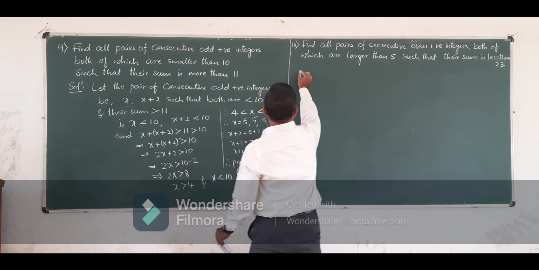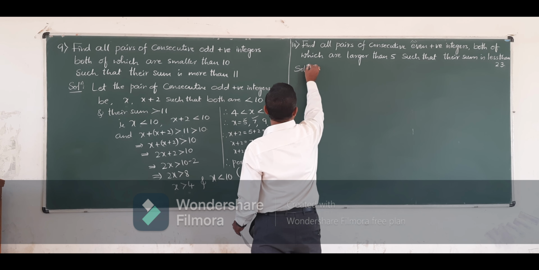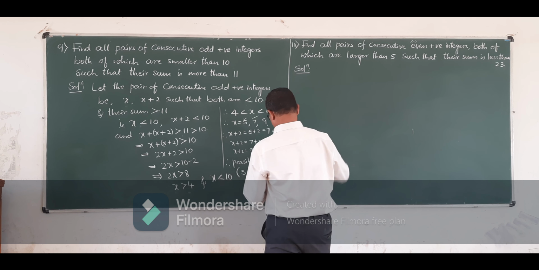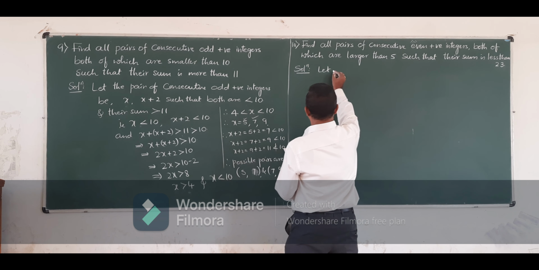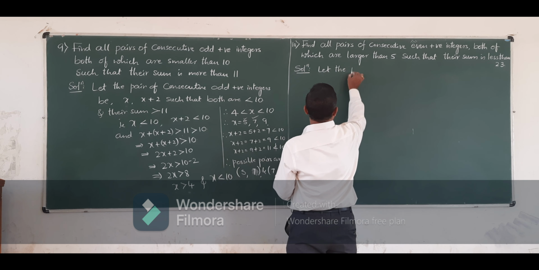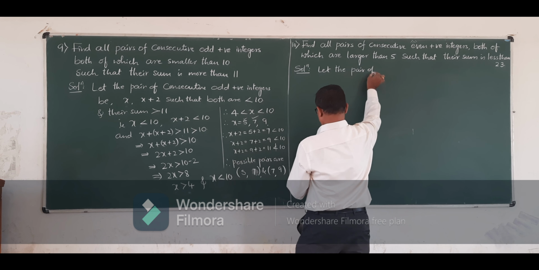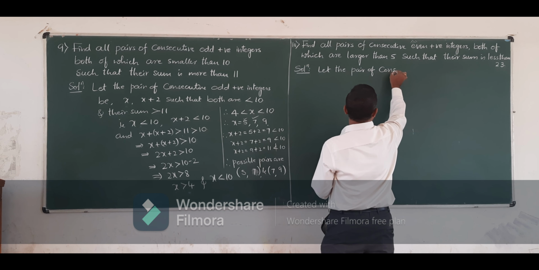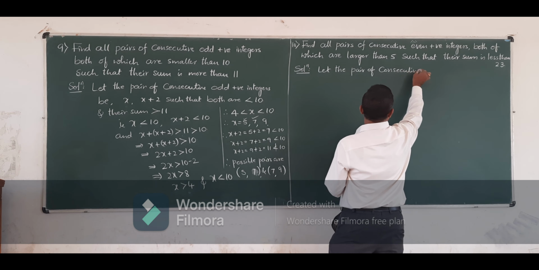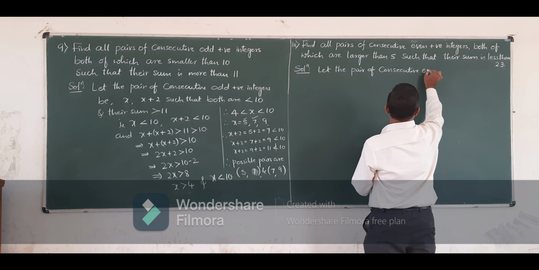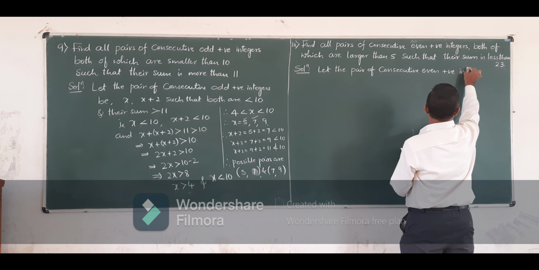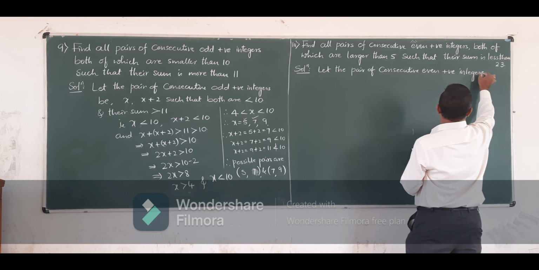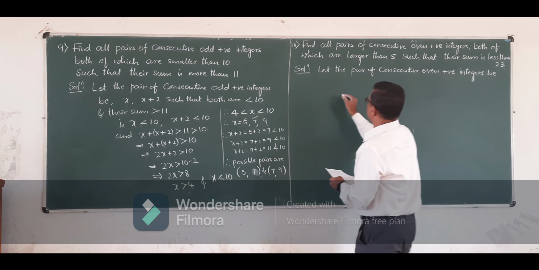Again same type. Now take two even positive integers. Let the pair of consecutive even positive integers be, what is it?